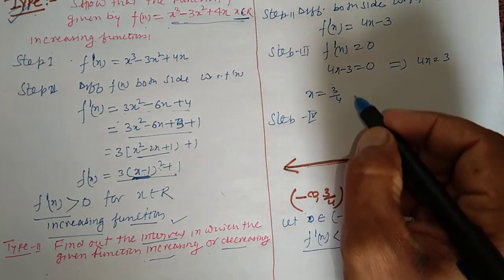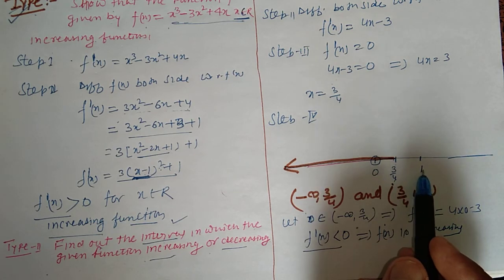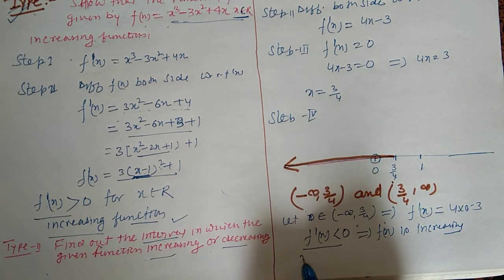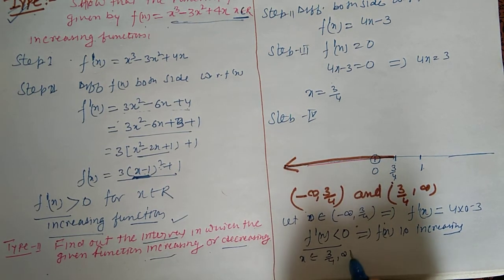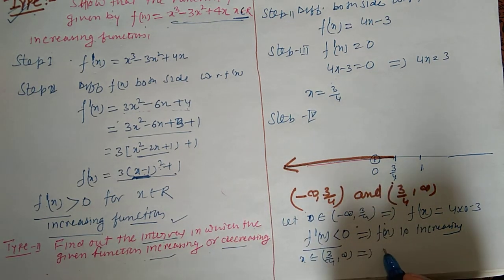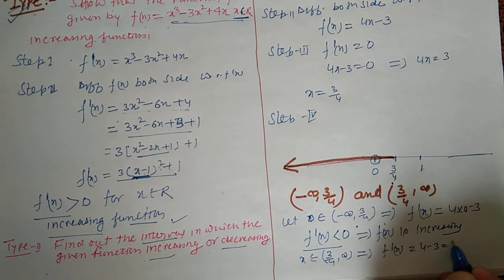Now again put any value greater than 3 upon 4, suppose 1. So x belongs to 3 upon 4 to infinity. This implies f dash x is equal to 4 minus 3, which is 1.